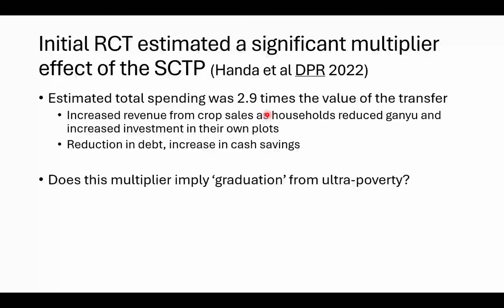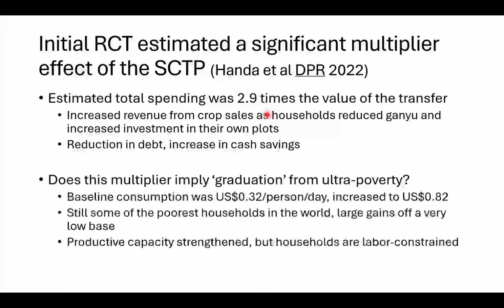Can we somehow leapfrog actual development and provide these short-term, high impact interventions on households and leapfrog them into the middle class? That's the idea of graduation. And graduation is a big issue now because more and more governments are saying, well, do these programs lead to graduation? And of course, there's an inherent problem there because the programs are about protection.